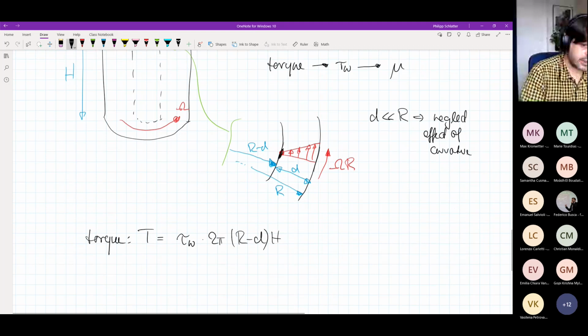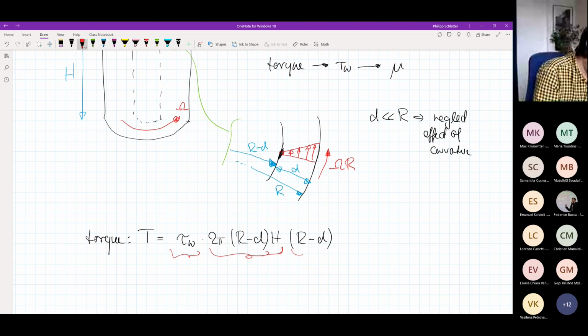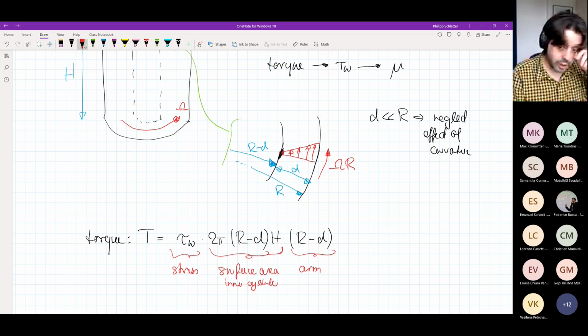And then, because this is a torque, we also need to multiply it with the arm, which is R minus d. So I just give names to all of that. This would be the stress. This one here would be the surface area of the inner cylinder, and this here would be the arm of the moment.